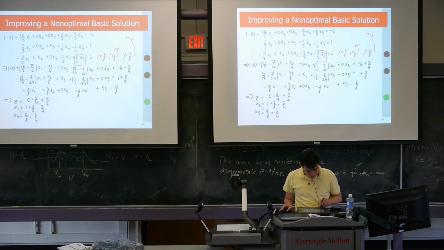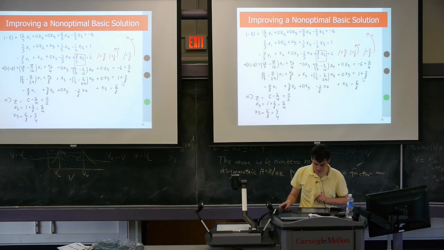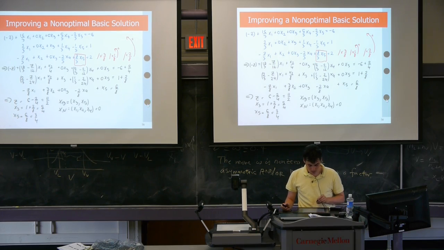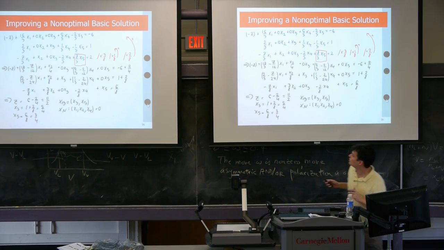And you can also read the new values of x3 and x5. x5 equals 3 over 4, and the minimum of z will be 11 over 2.